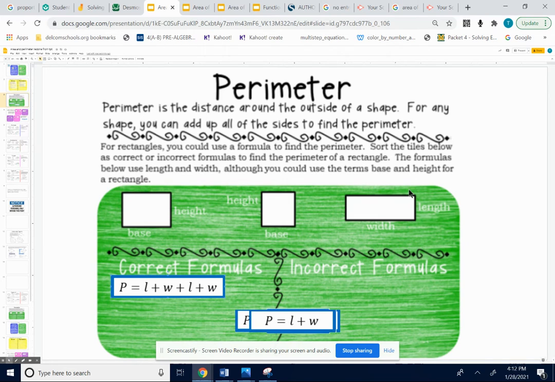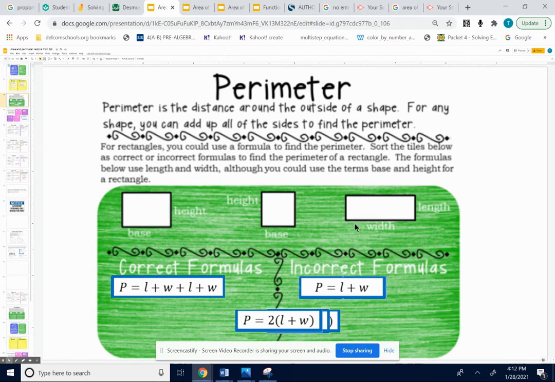Perimeter equals length plus width. That would only be half of your perimeter, right? That's only adding 2 of your sides up. So that would be incorrect. Perimeter equals 2 groups of length plus width.